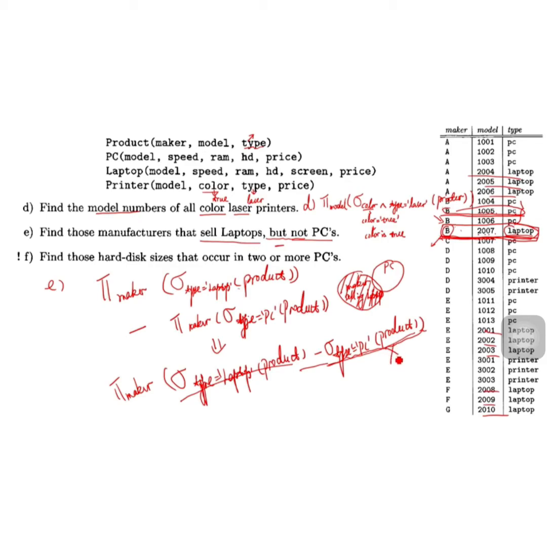You can try it by yourself. Okay, find those hard disk sizes that occur in 2 or more PCs. As in the example of finding pairs of colleges in the same state, which Jennifer showed in the Stanford MOOC, we will use renaming and join.